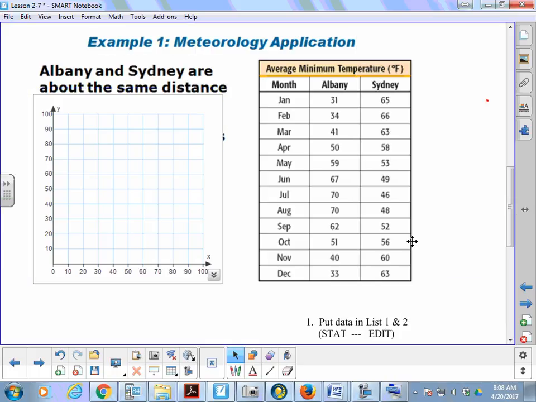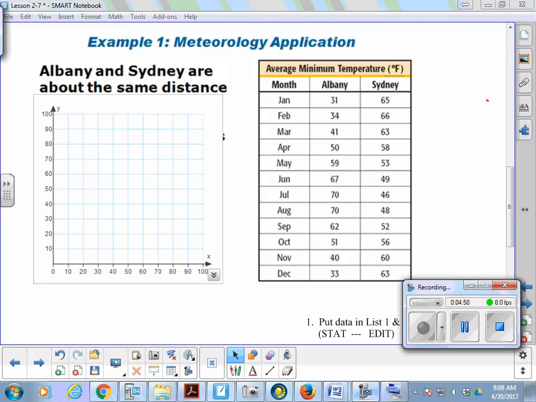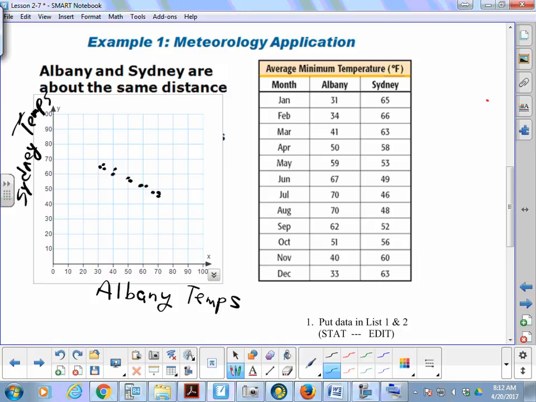Okay, so 0 to 100 on the x, 0 to 100 on the y, and then we're going to plot those points. All right, so there's our scatter plot.